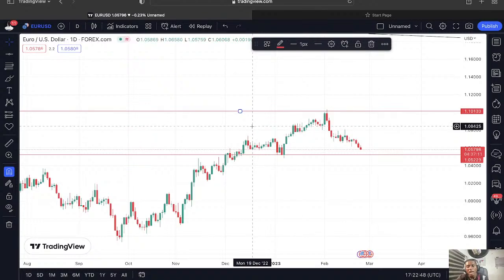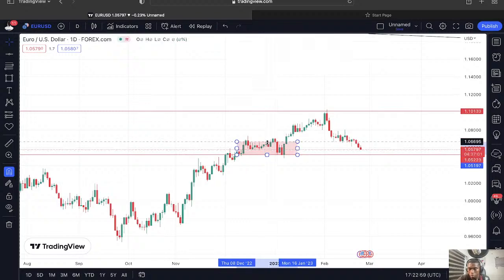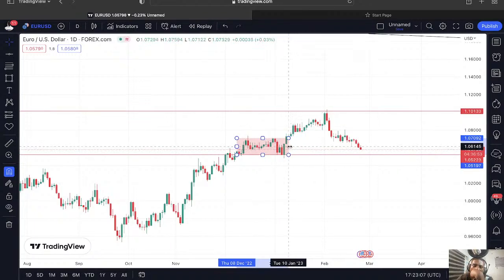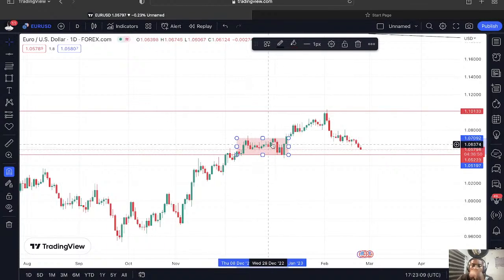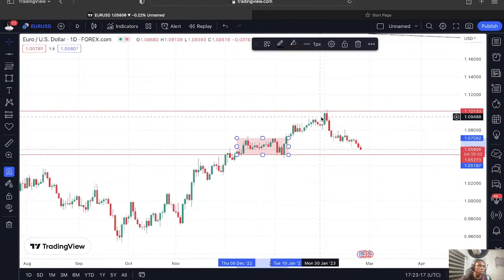We can see how the market has firstly rallied for days here. Obviously, we can see that price rallied for days at this level, and then it broke out to the upward side. And that's it.